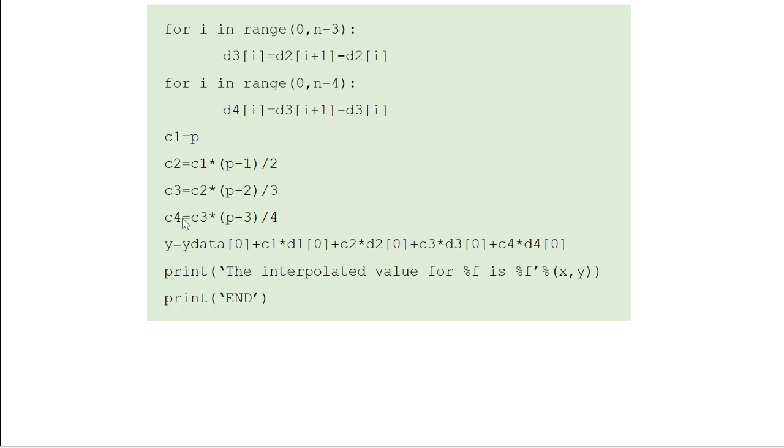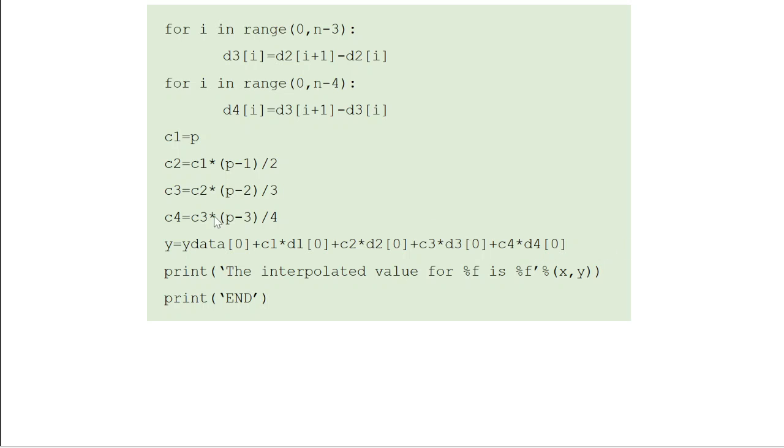So once you have defined all the coefficients, now you can write y equal to the leading term y data 0 plus C1 into the first leading difference D1 of 0 plus C2 into second leading difference D2 of 0 plus C3 into third leading difference D3 of 0 plus C4 into fourth leading difference D4 of 0.